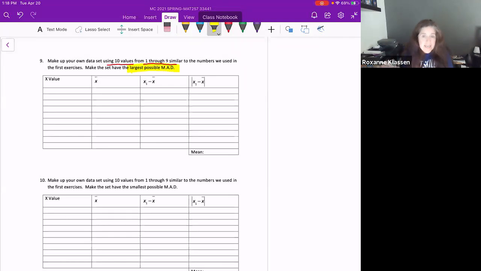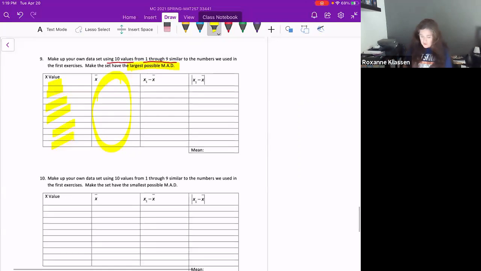Okay, now you can't just pretend what your mean is, you have to calculate it. So whatever data you put here, you have to calculate your mean. You can't just say, I'm going to put whatever numbers I want in the first column, and I'm just going to pretend my mean is 5. That's not the game. It's the real mean of the data set.